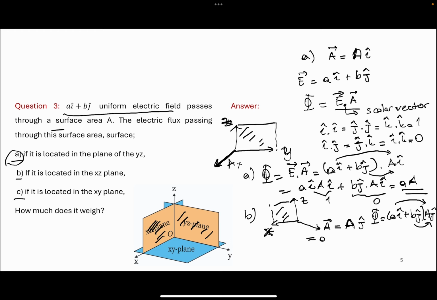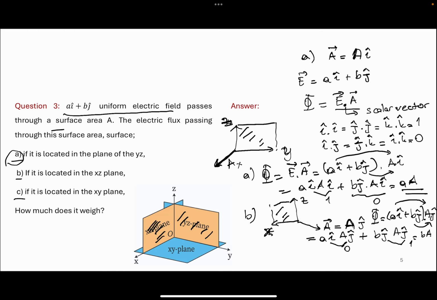It gives terms like a times j dot j plus b z times a j. You can see there are different kinds of unit vector multiplications. Those give 0, and the same unit vector gives 1. So your result will be B times A.